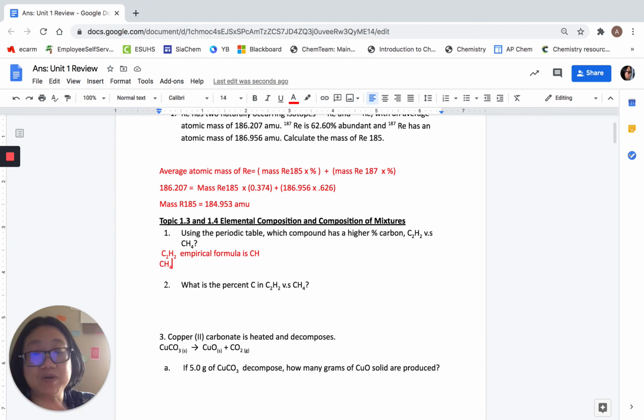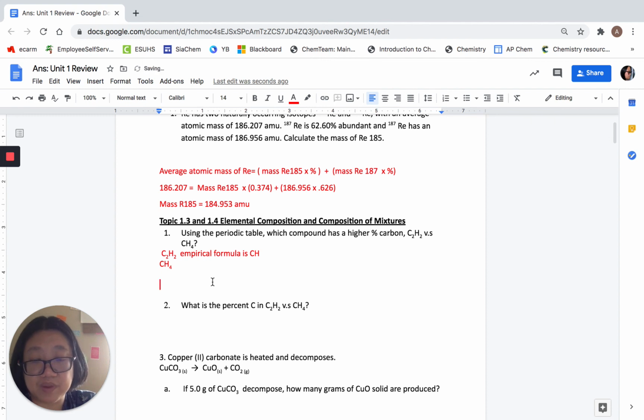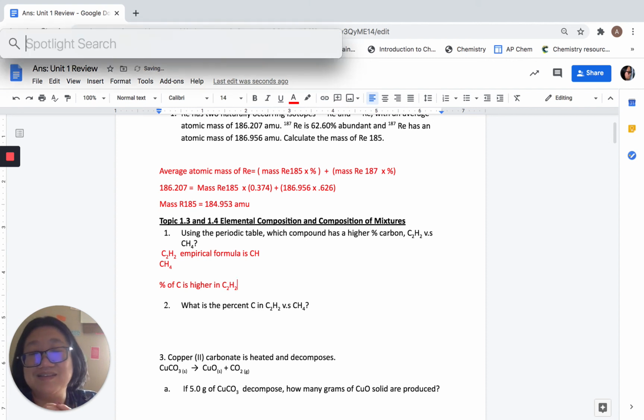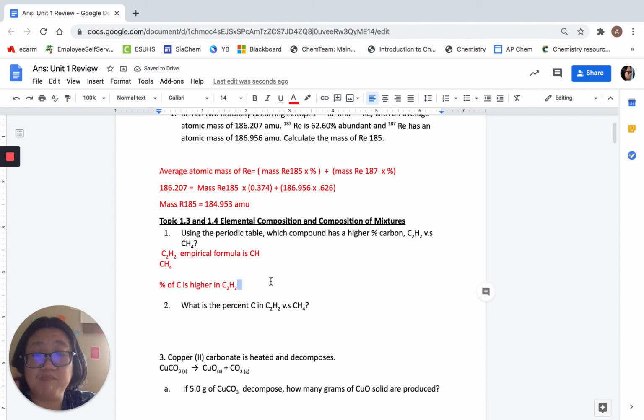So therefore, the percent of carbon is higher in C2H2. Okay. Now, like I said, it is more or less a multiple choice question that's possibly going to pop up. That's usually what it is. They usually don't ask you to explain it.